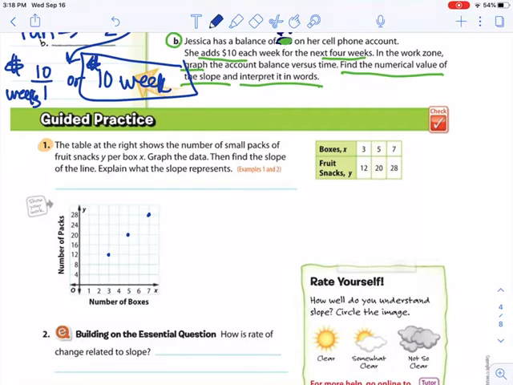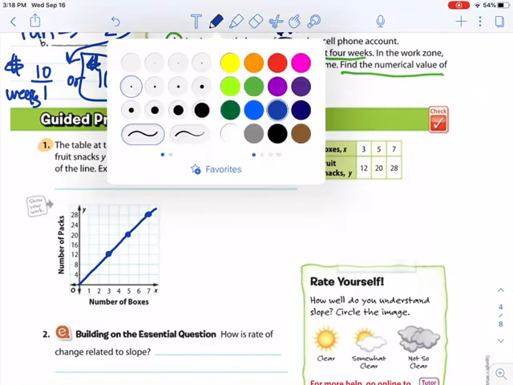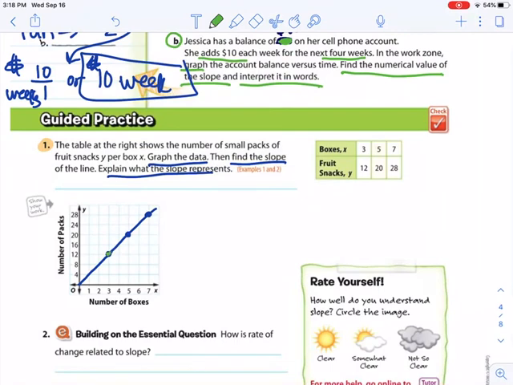So this question is asking us to graph the data, find the slope, and then explain what it represents. So I'm going to pick 2 good points, and I'm just going to use the first 2 points that are on here, and I'm going to connect them.